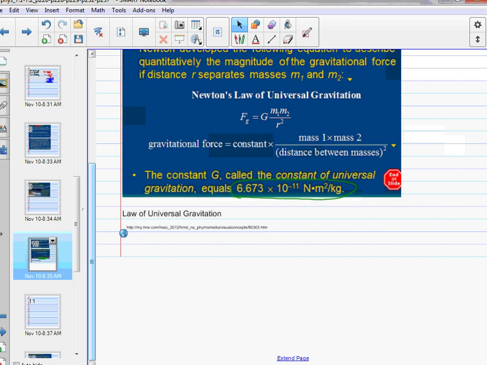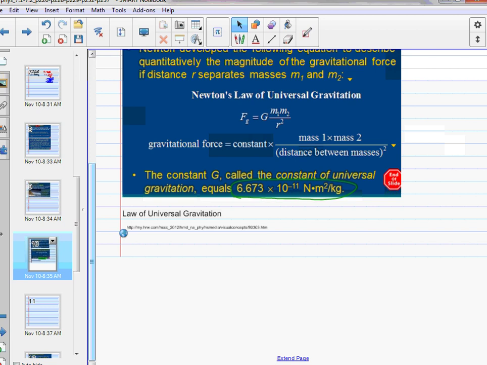Now where this came from was from experiments. Look in your book to page 235. Here is Henry Cavendish. He used these experiments to determine the value of that big G, the universal gravitational constant.